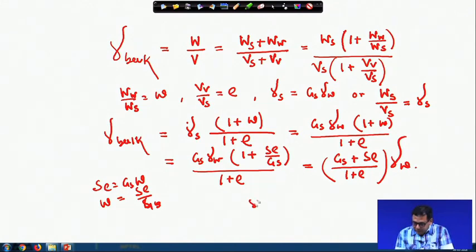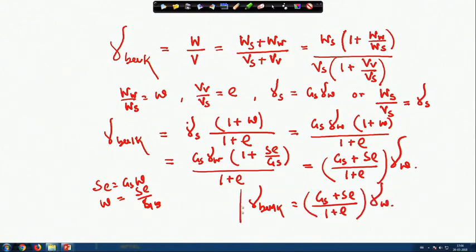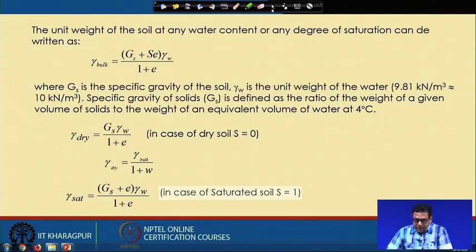So, finally, gamma bulk is equal to (G s plus A c) divided by 1 plus E into unit weight of water. This expression is very important, and we can use it to determine the bulk unit weight of soil.